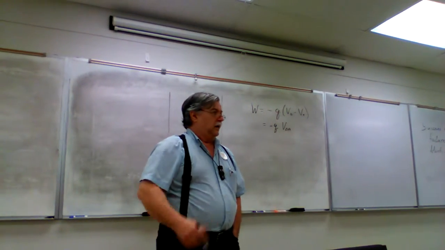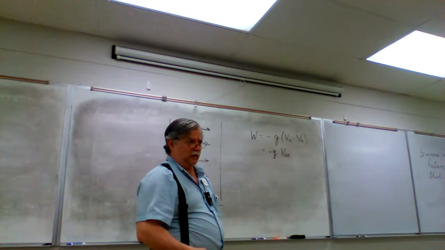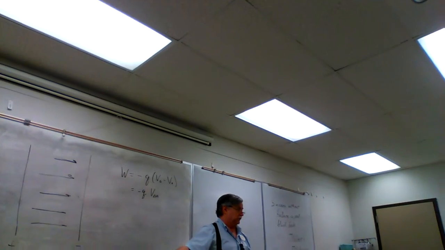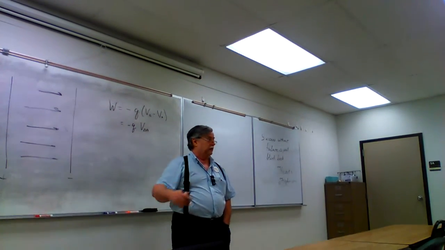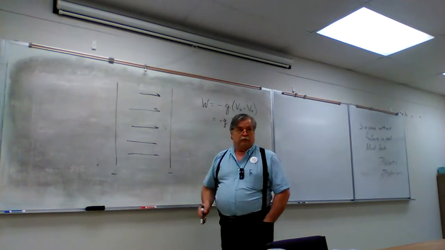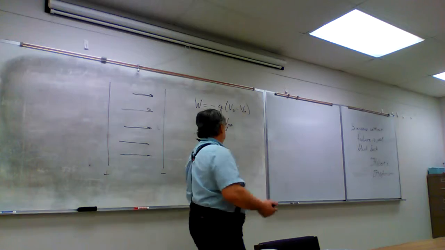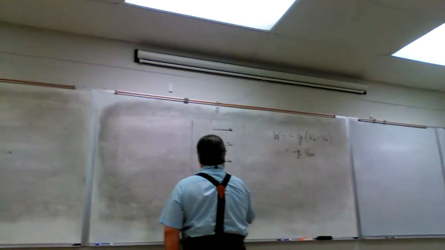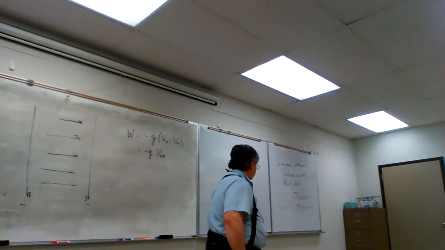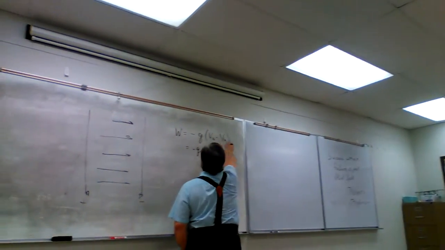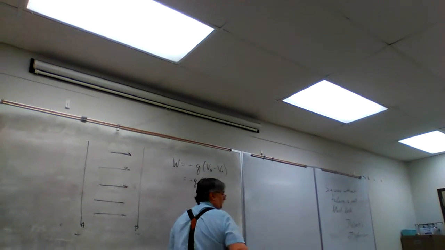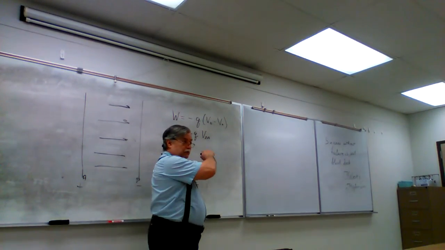In other words, as I talked about last time, you can only talk about potential relative to some other potential, and normally that would be ground. You measure the voltage relative to ground. But in the general case, you're measuring the potential difference between two points A and B. And so rather than write out this whole parenthetic thing every time, just shorten it to the potential difference between point B and point A.